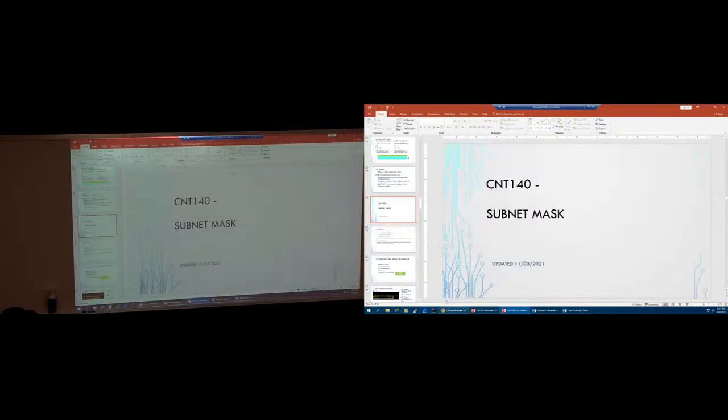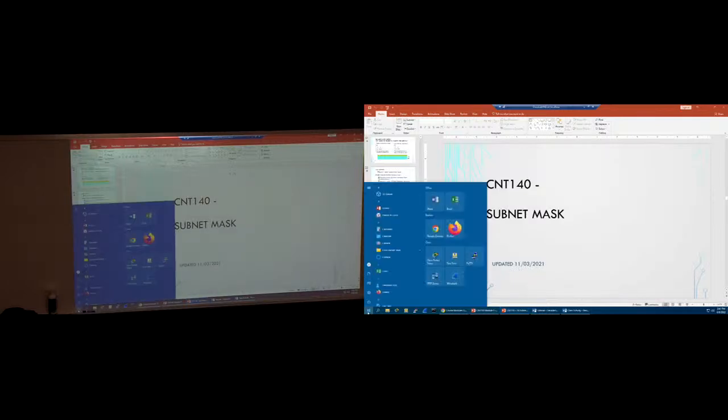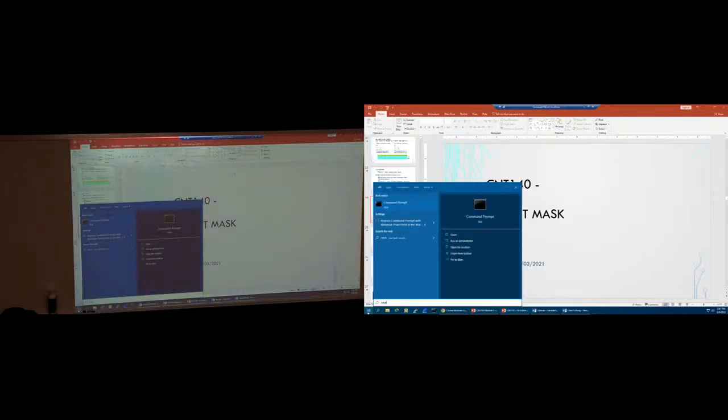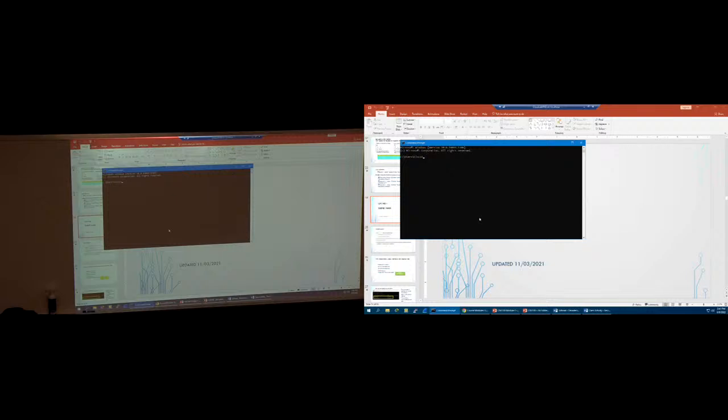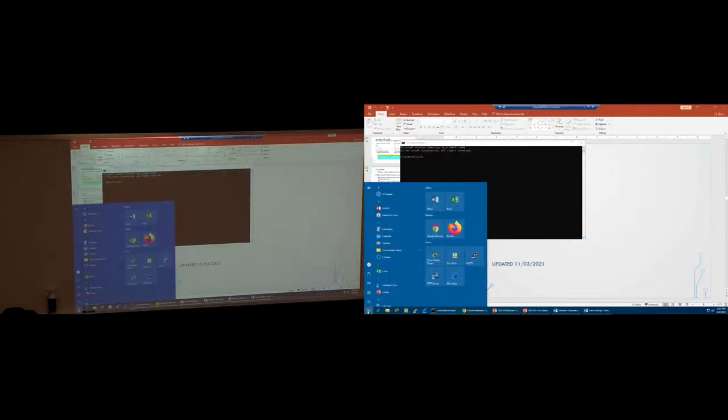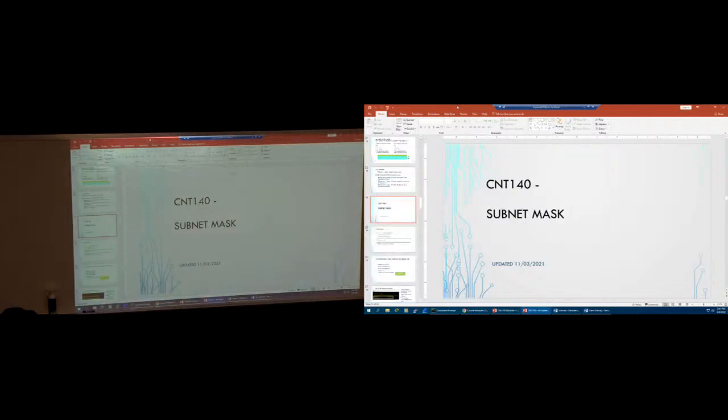So let's just look at our command prompt. If you do CMD in this search tool, let's get into the command prompt. You can just type CMD, and I'm in the virtual machine. Is everyone in the virtual machine? If you're not, can you get in there?